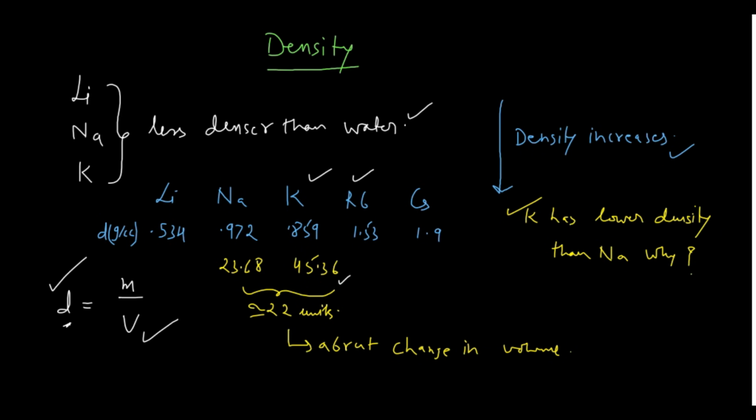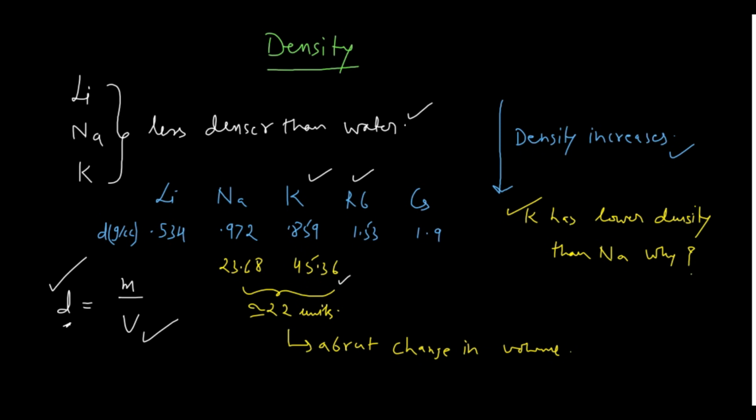And again, due to the presence of d orbitals, potassium has low density. It is very important to note that when we go down the group, the atomic size as well as the atomic mass both increase, but the increase in atomic mass is more dominant.